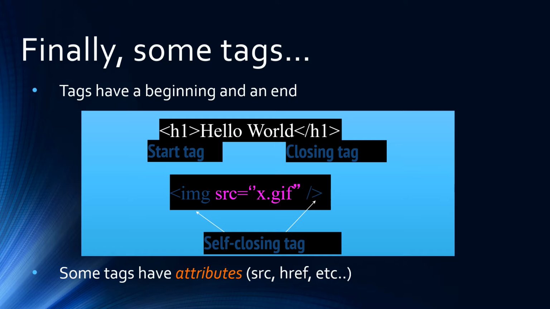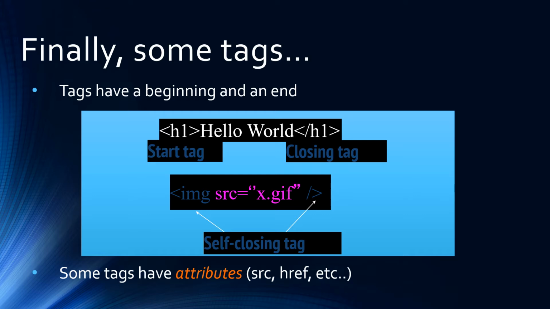The second tag, the closing tag, always starts with a slash. It indicates to the browser that it's about to end the tag. This is one of the most common cases: a start tag and a closing tag with some sort of text inside of it.